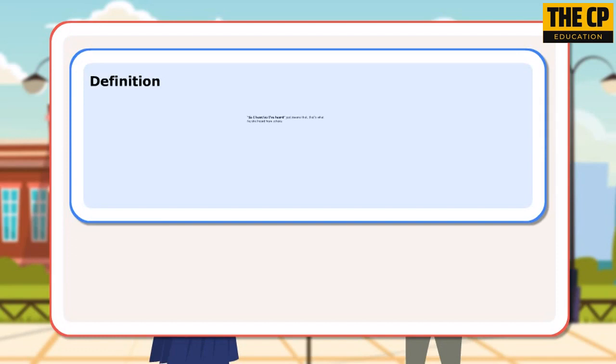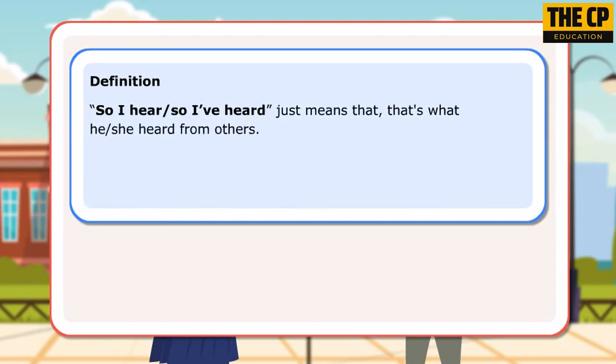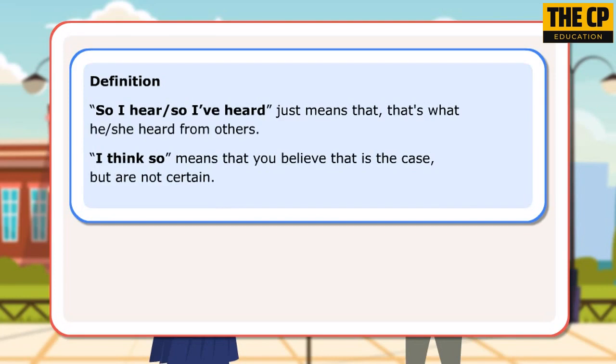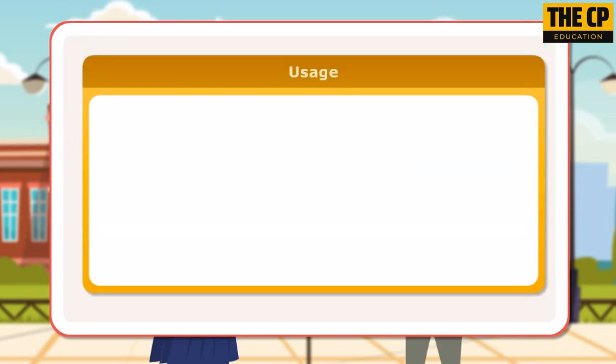Definition. So I hear or so I have heard just means that that's what he or she heard from others. I think so means that you believe that is the case but are not certain. Usage.